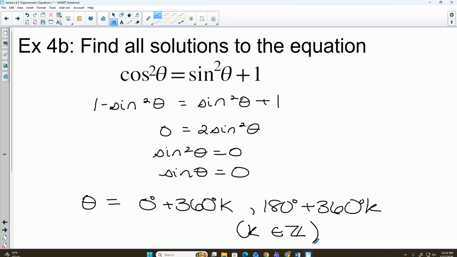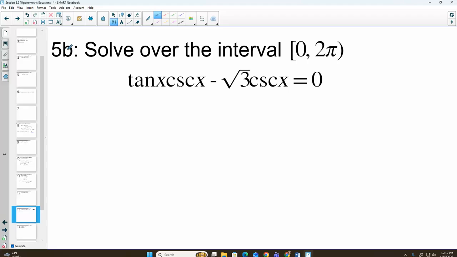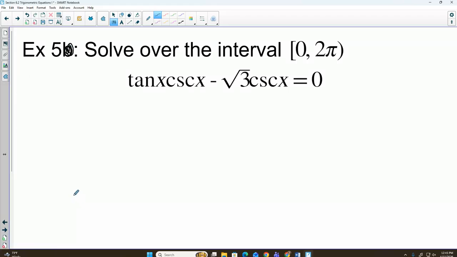Let's do one more. Right, this one has two different trig functions, but do I have to look for an identity?